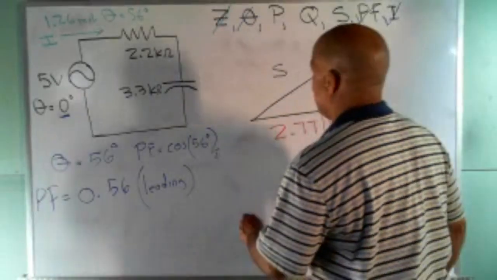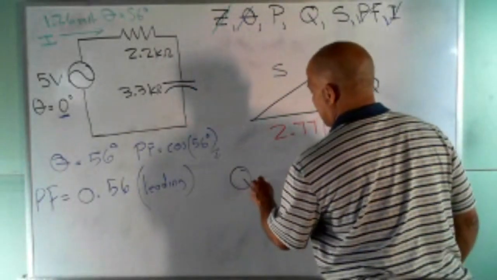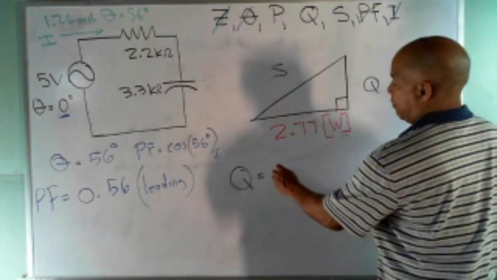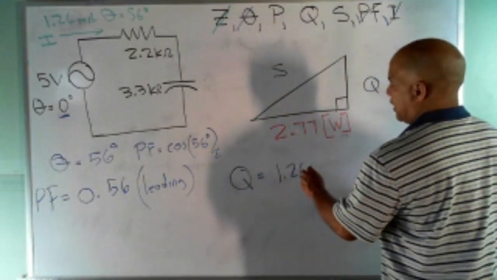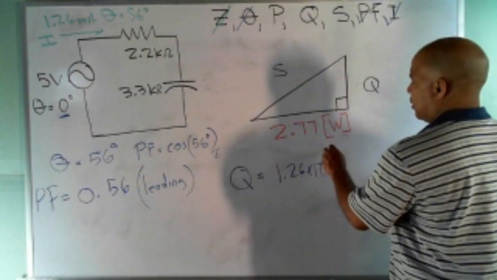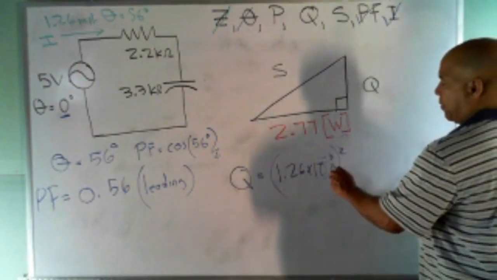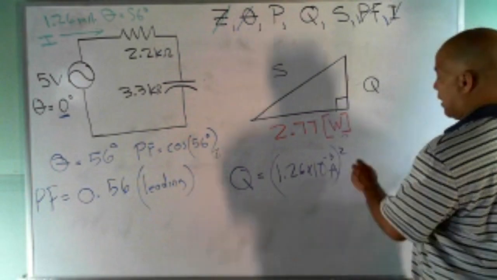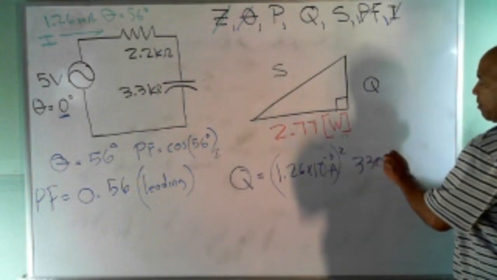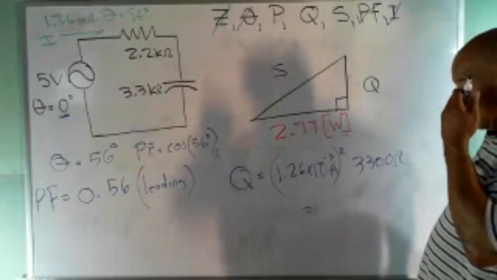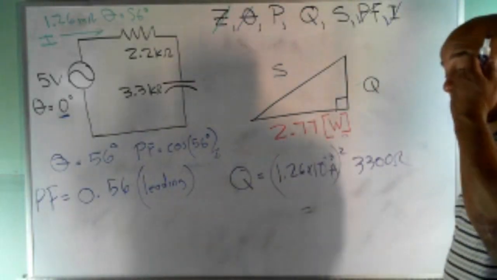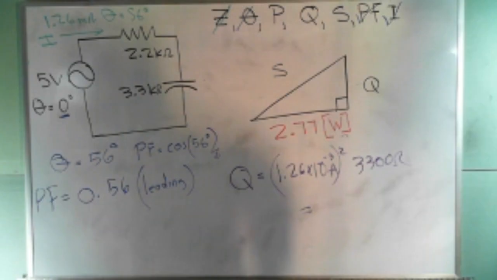So Q is going to be 1.26 times 10 to the minus third squared. Again, I put my units in there. Times 3,300. Let me know what you got for that one. 4.16.